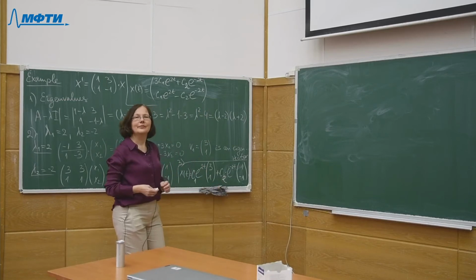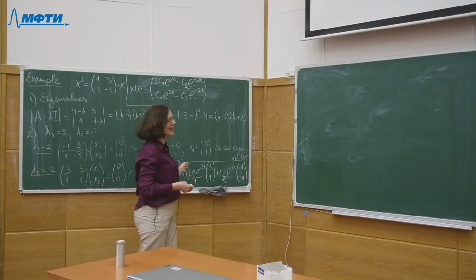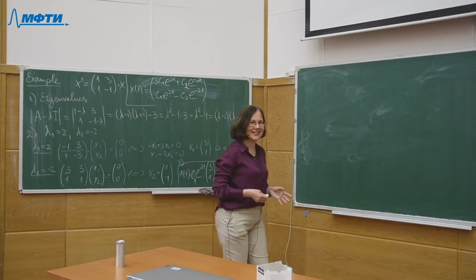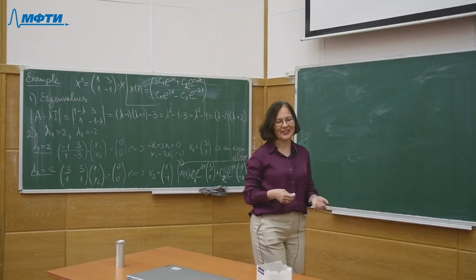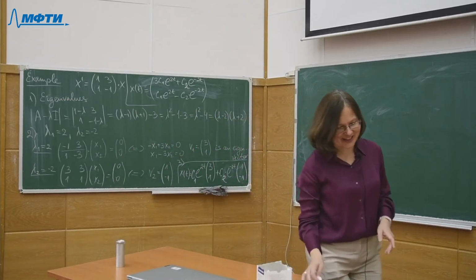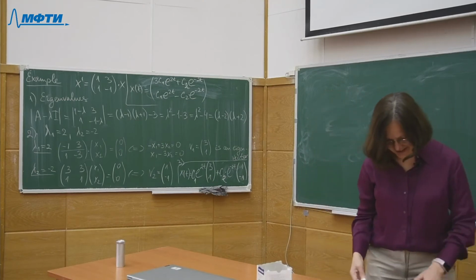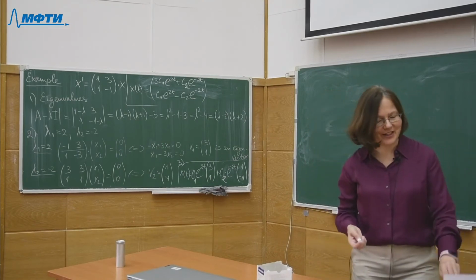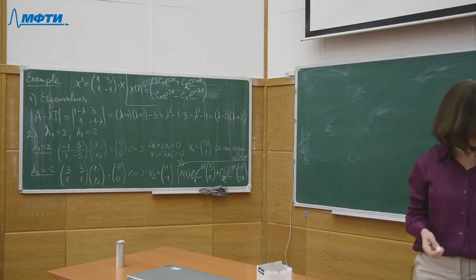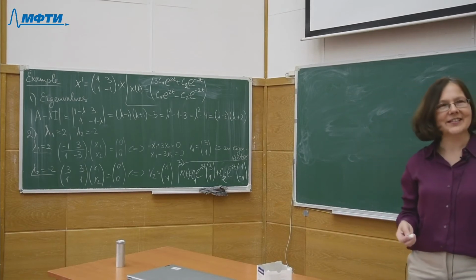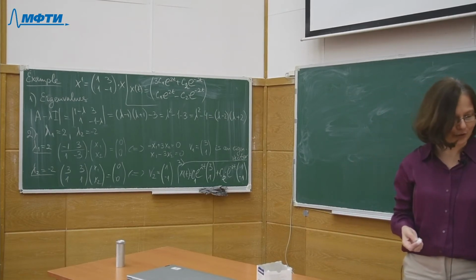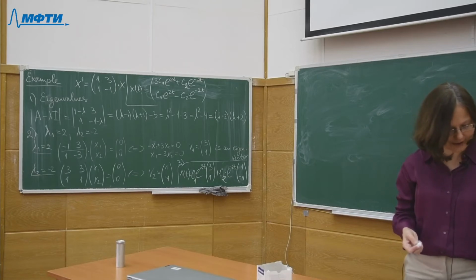if the matrix has complex eigenvectors. Right, complex eigenvectors. Now we will discuss this situation if the matrix is complex. So now it's time to discuss complex eigenvectors and eigenvalues. It is very important, of course, and very important part of our study.